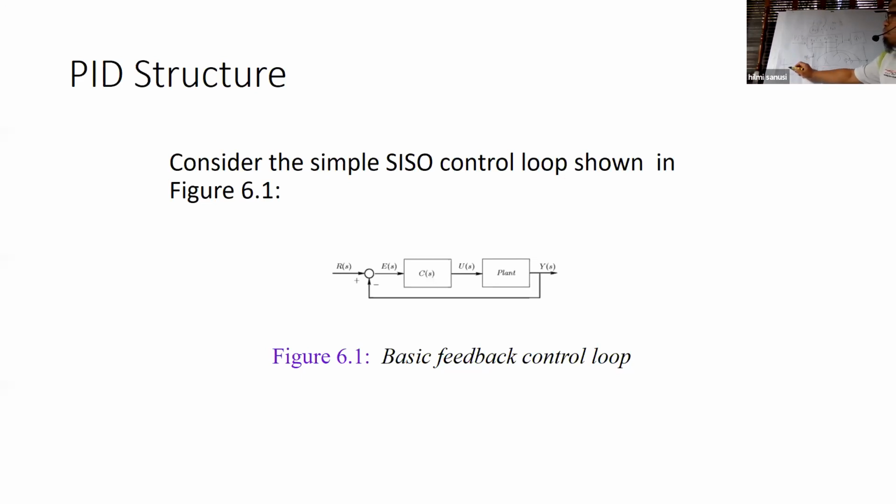Dia ada body plot dia. So macam mana kita nak tune this thing? Kita nak tune pada root locus and then kita tengok dia punya body plot ataupun macam mana. So kalau kita tengok sini, dia punya body plot 2 zeros, 1 poles, which is something like this.